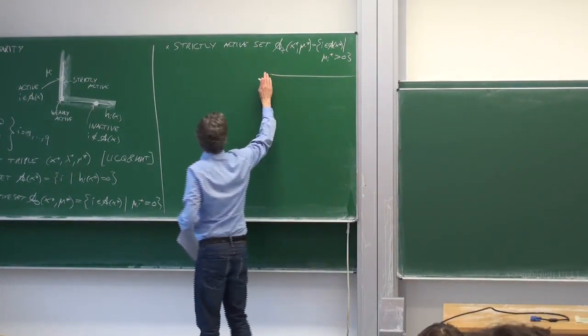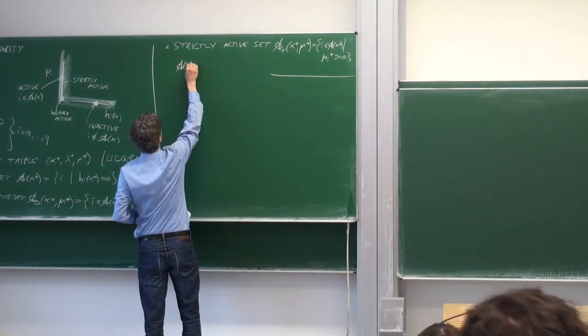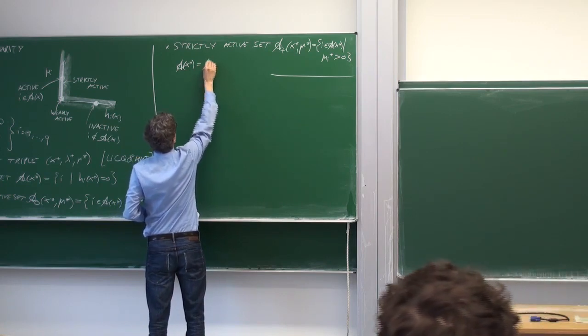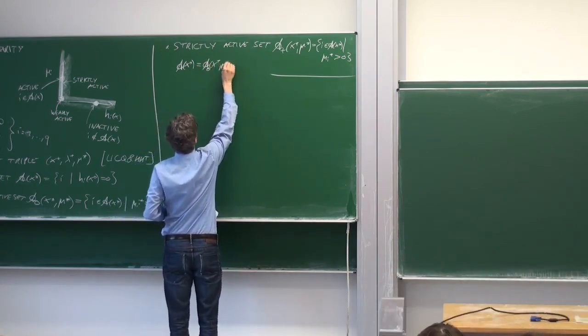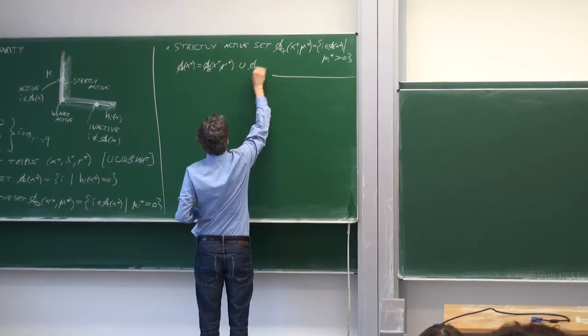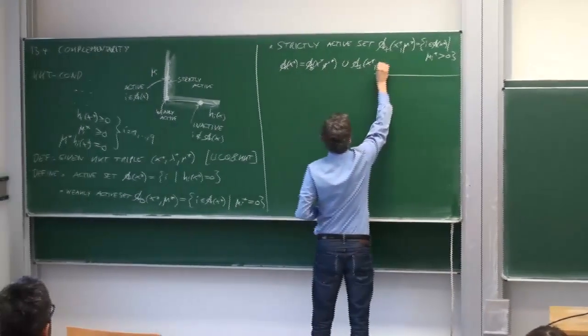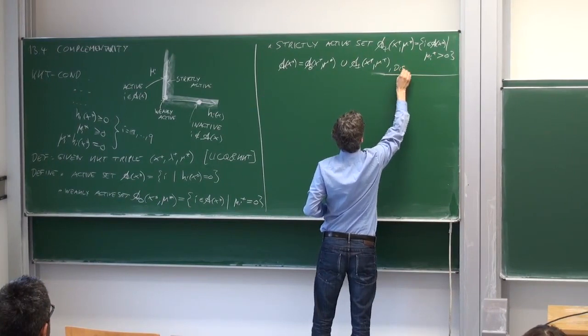Maybe I should first note that the active set A of X star is given by A0 of X star, mu star unified with A plus of X star, mu star, and they are also disjoint.